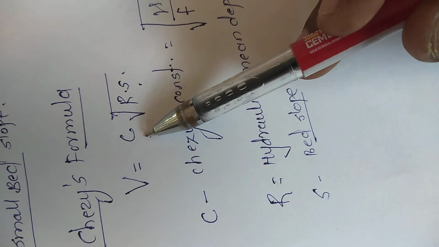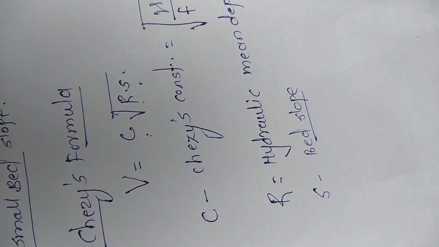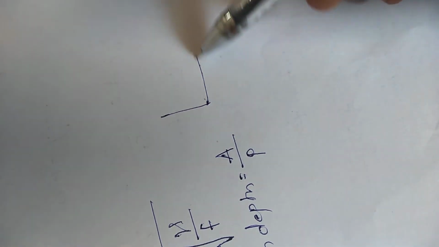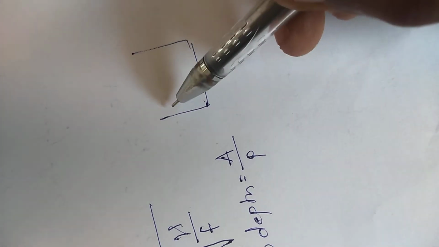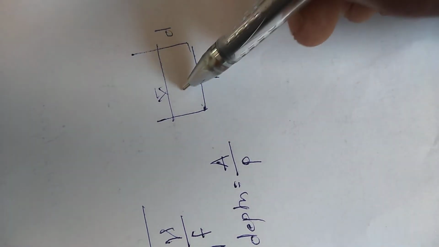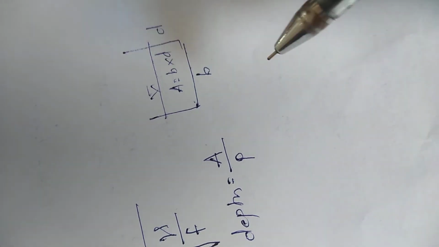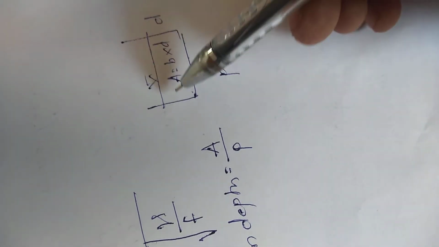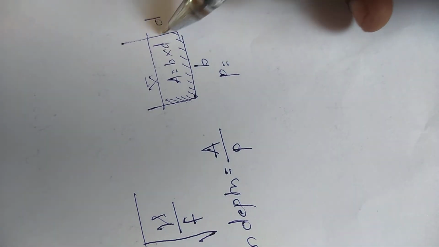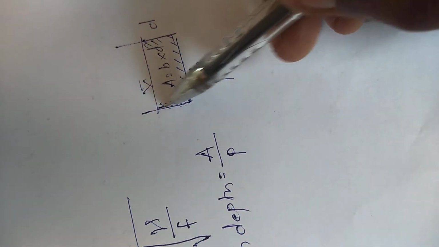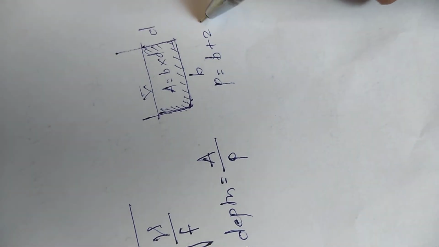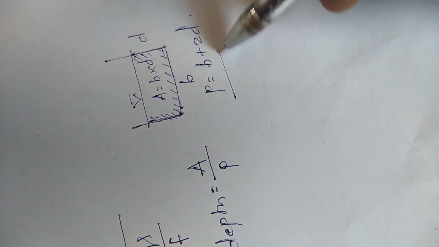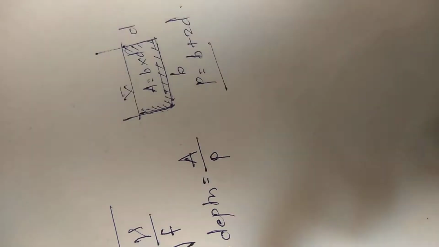C is the Chezy's constant, and R is the hydraulic mean depth, which depends on the cross-sectional area and the wetted perimeter of the channel. For example, take a rectangular channel having width B and depth of flow D. The area of the channel is B into D. The wetted perimeter is the wetted length of the channel, which is D plus B plus D, so B plus 2D. So we get the perimeter and the area, and this ratio gives the hydraulic radius.